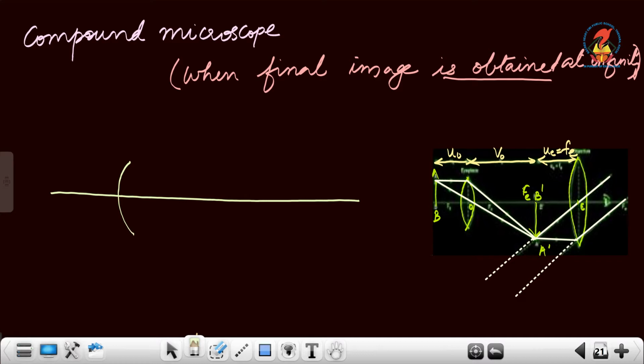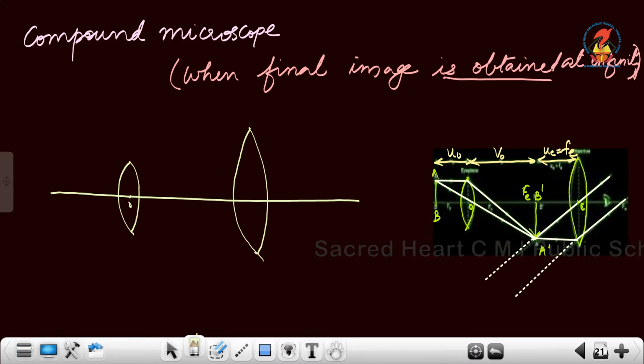As I told you, the objective has a smaller aperture and smaller focal length, and we have the eyepiece of comparatively larger focal length and large aperture, and here the object is placed beyond the focus of the objective.